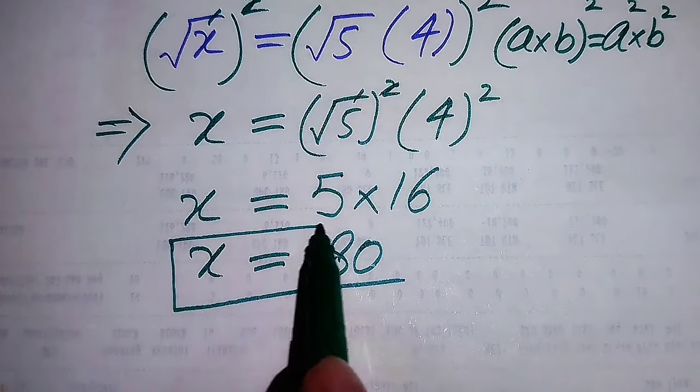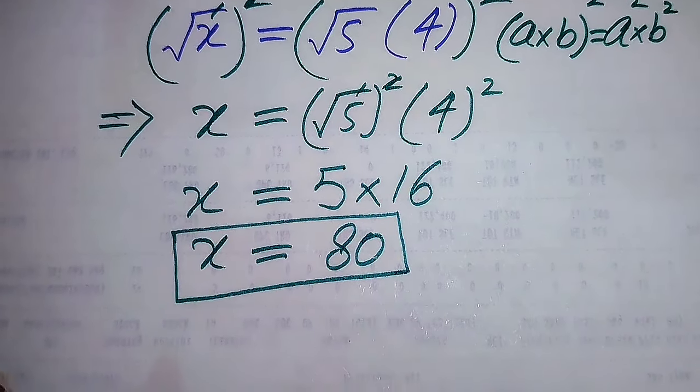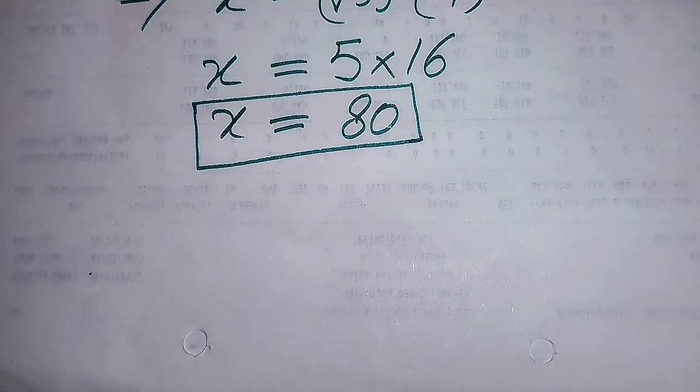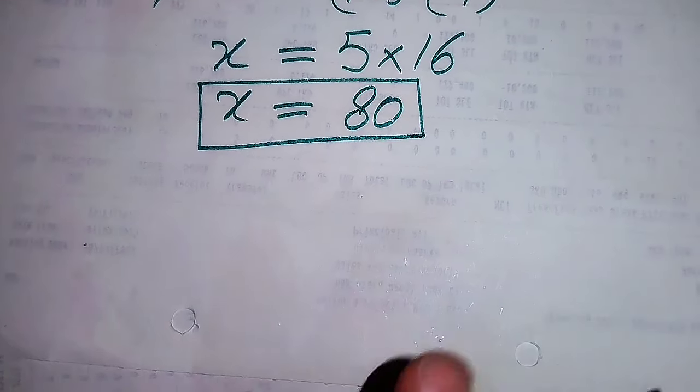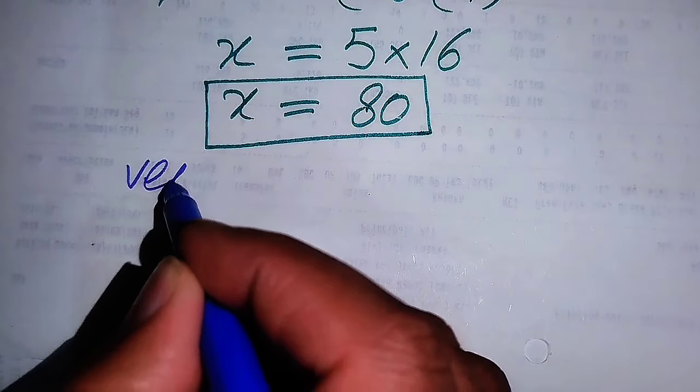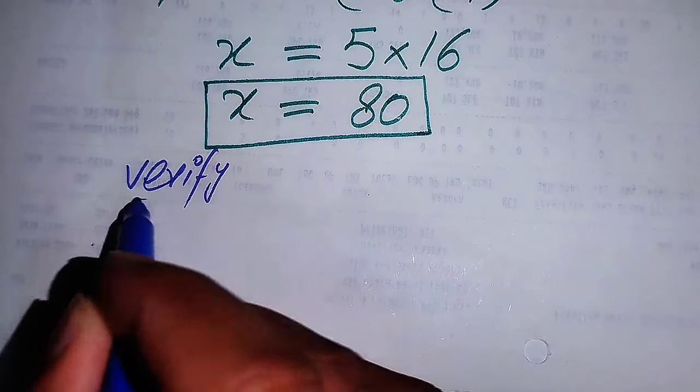So in this question we get only one root of the given equation, and that is x equals 80. Further, in the next step we need to verify whether this value of 80 satisfies our given question statement or not.